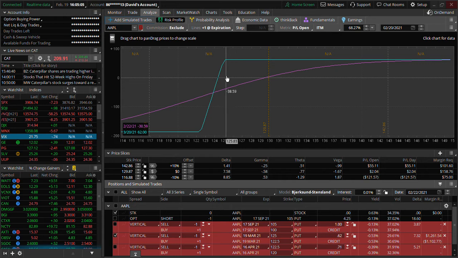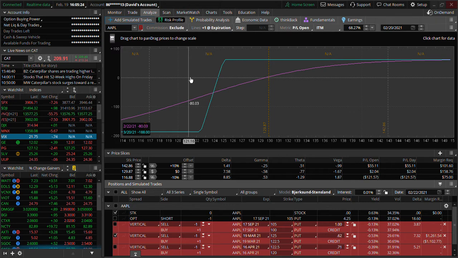So you're going to be short here at 125, long at the 122.5. If Apple comes down here, you're going to be on this end of the trade, so you'll have a losing trade.